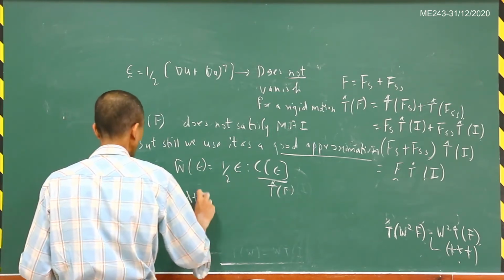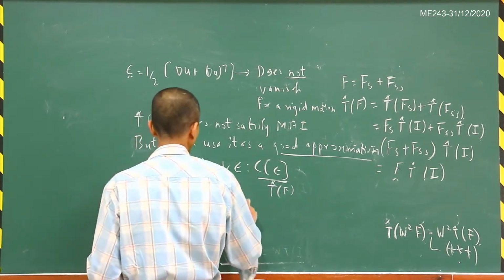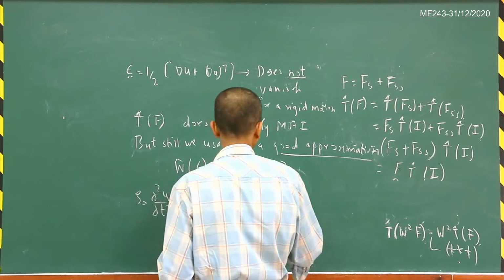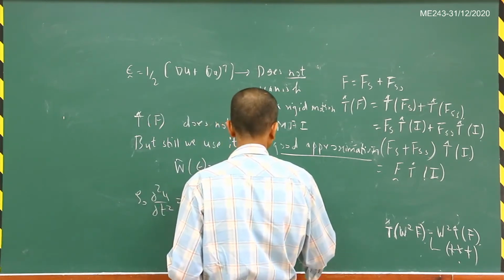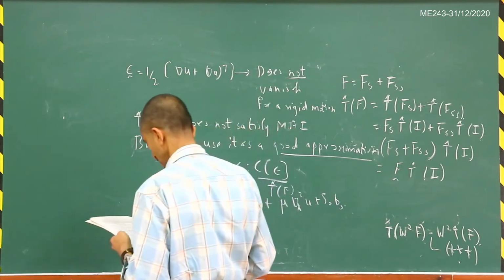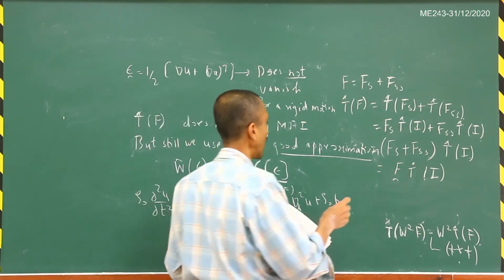So (lambda plus mu) del of (del dot u) plus mu times del square u plus rho naught u naught. Okay, so that is what you will get as the Navier equations of elasticity, right?